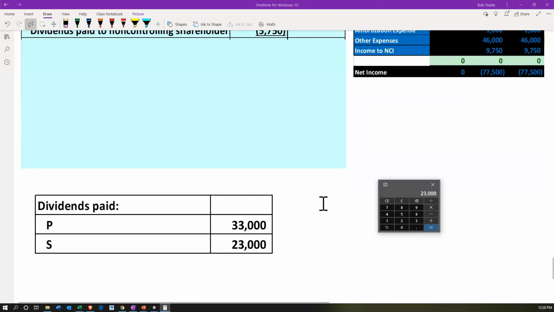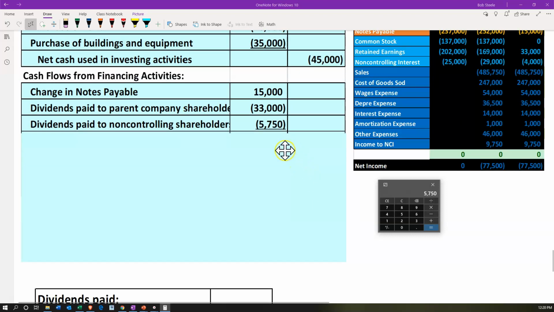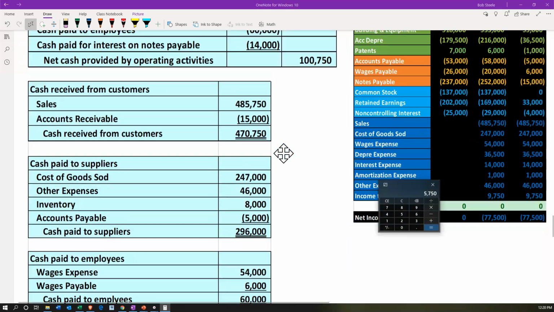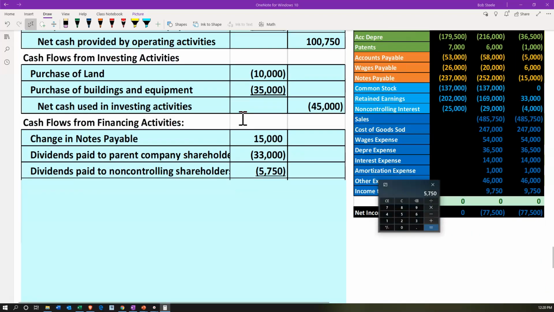So we've got the 23,000 times the 0.25, I think it was. And that's going to be the 5,750, which again you can also think of as that 5,750 for the dividends paid when we looked at our reconciliation of the net income and the total retained earnings up top. So there we have that.